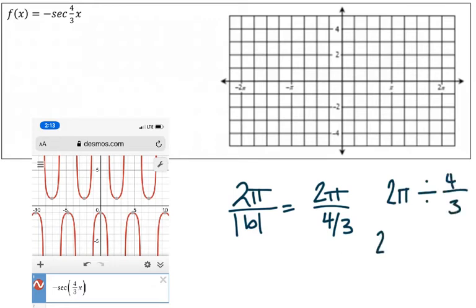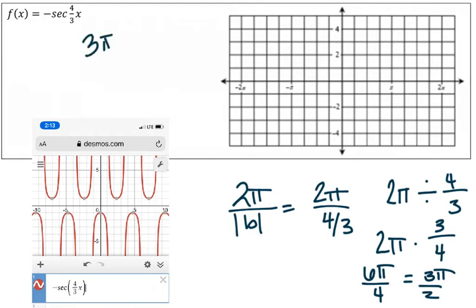What you would do is same, change, flip. So 2 pi times 3 is 6 pi, and 6 pi divided by 4 reduces to 3 pi over 2. That's how I get that. So the period is 3 pi over 2. Just some simple math maneuvering that you may have forgotten.